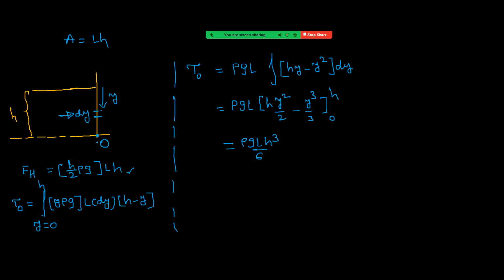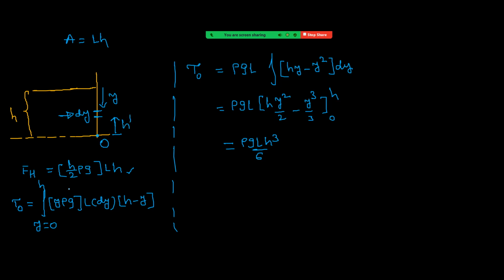Now the question is the height at which the resultant force would have to act to produce the same torque. Height means we take from the ground, means from here. At what height? Suppose that is h dash.